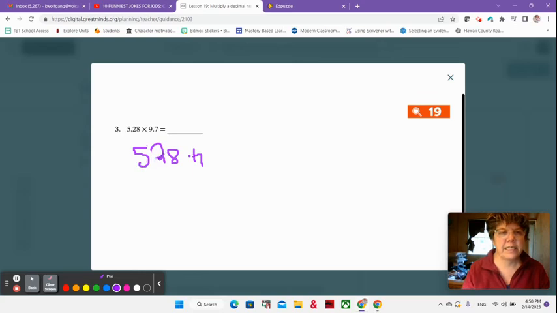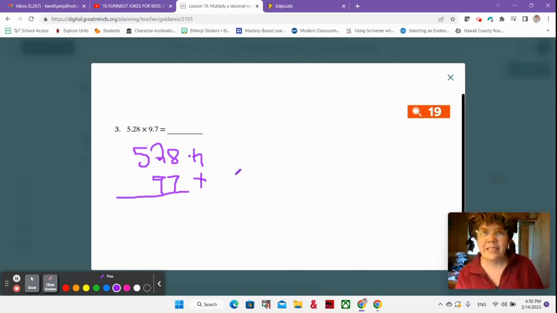Times 9 7/10. So that would be 97 tenths. Then that way we just have it by unit form and we can just multiply the whole numbers and then convert it to standard form later. I think that's why it helps to do it this way.